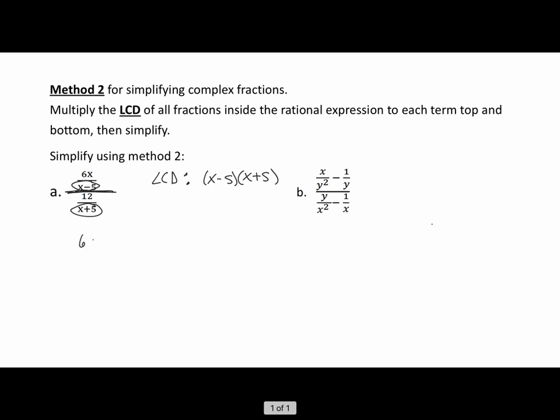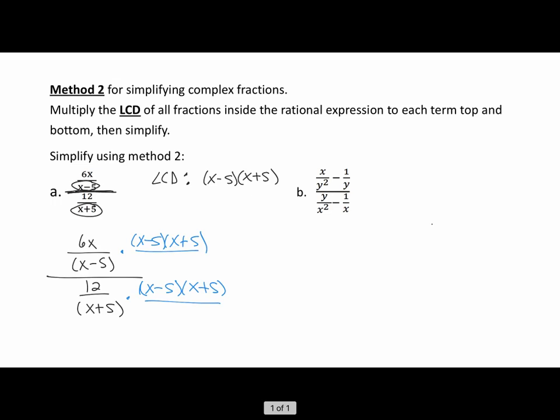What I'm going to do now is multiply those factors to all the parts of the expression. So I'm going to multiply that to the numerator part, x minus 5, x plus 5, and I'm going to multiply that to the denominator part. But I'm still multiplying to the numerator of that part, always.